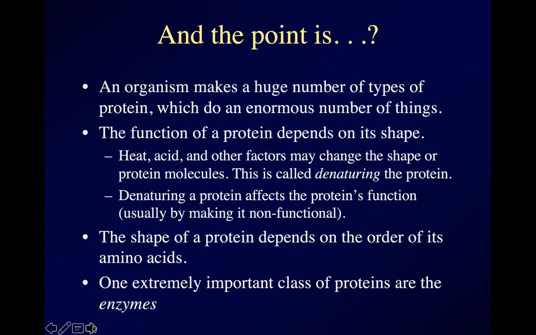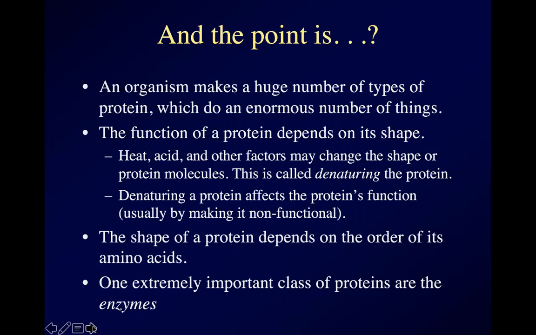Proteins do crazy stuff. And you could not live if you couldn't make all of those proteins with exactly the right shape, because the function of a protein depends on the shape that it's got. And incidentally, you can change the shape of protein molecules by applying heat or acid or sometimes other chemical treatments.